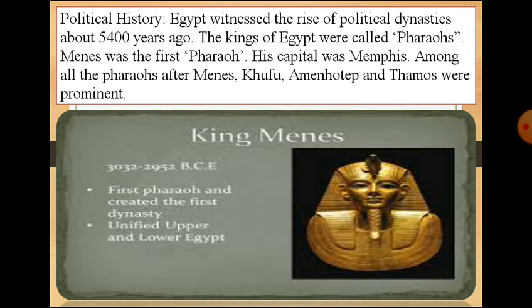Political history. Egypt witnessed the rise of political dynasties about 5,400 years ago. The kings of Egypt were called pharaohs. Menes was the first pharaoh. His capital was Memphis. Among all the pharaohs after Menes, Khufu, Amenhotep, and Thutmose were prominent.